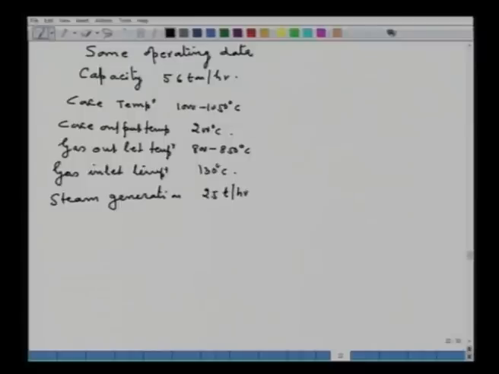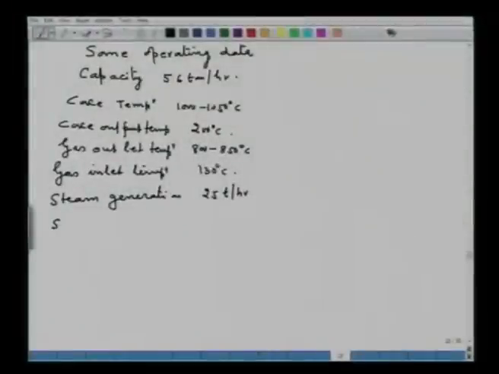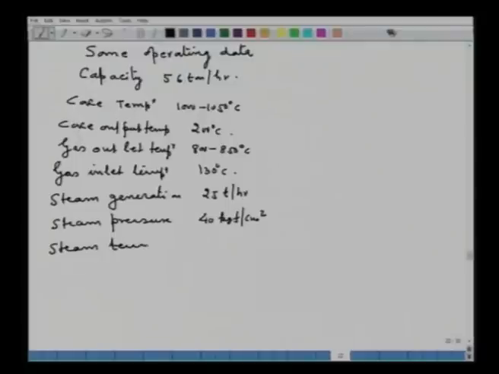You can imagine the size of the boiler and what you can do with the recovered sensible heat from the coke, and that is an important thing. The steam pressure is very high, around 40 kg force per centimeter square. The steam temperature is say 440 degrees Celsius, and the total gas volume is of the order of 84,000 normal meter cube per hour.